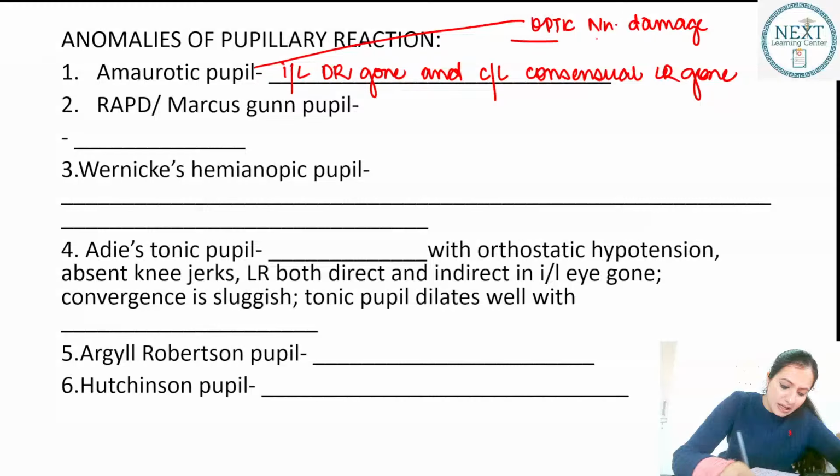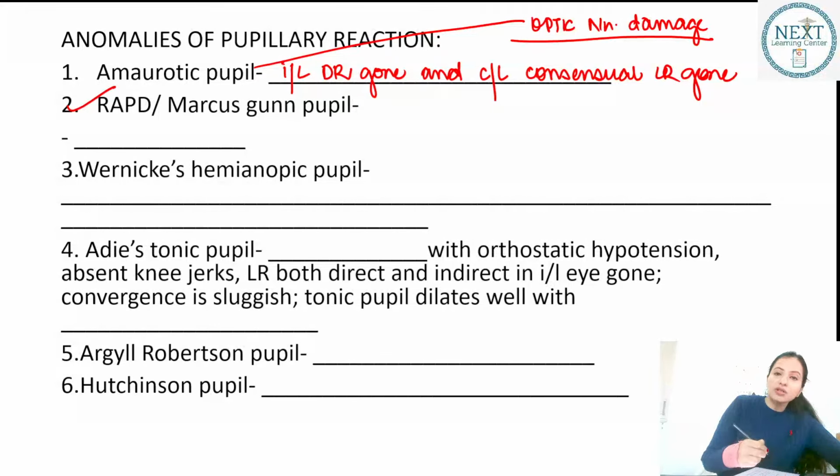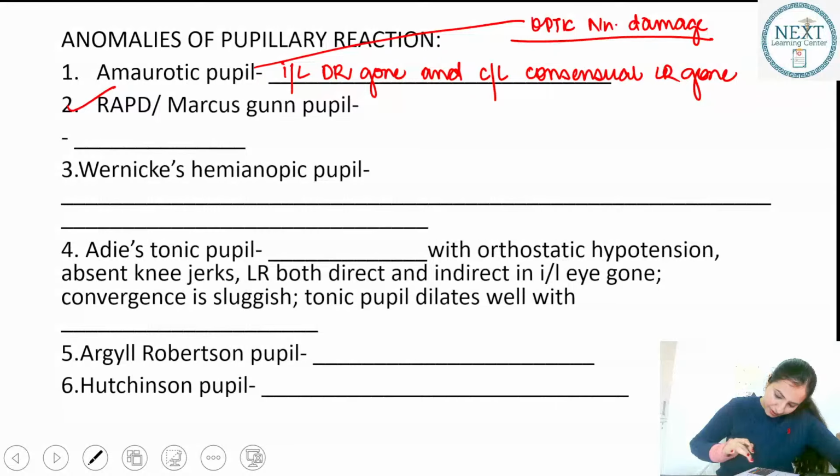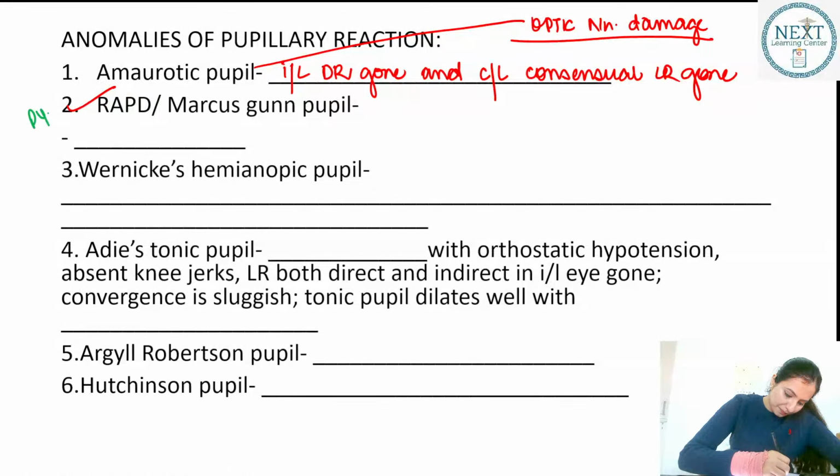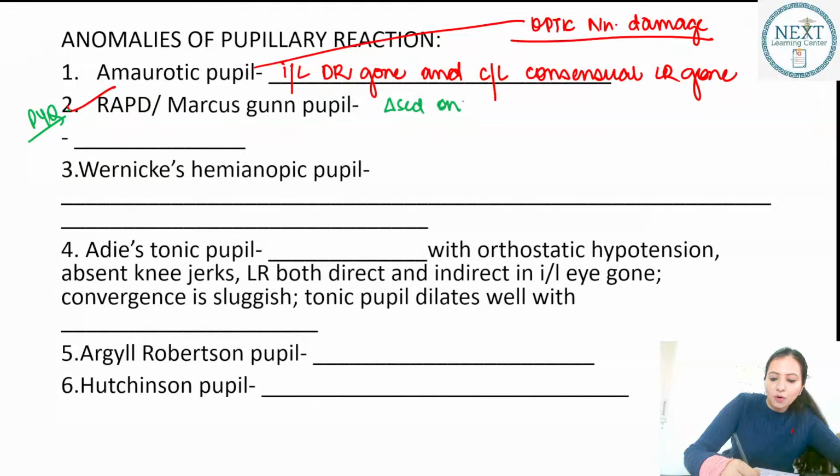Another thing is RAPD. RAPD is also known as relative afferent pupillary defect, also known as Marcus Gunn pupil. This is a previous year question. How do you diagnose it? It is diagnosed on swinging flashlight test.